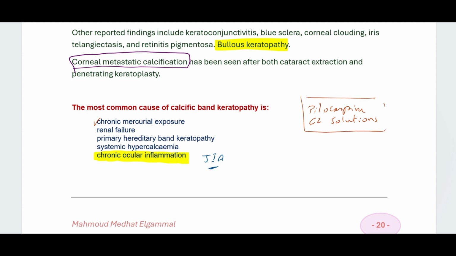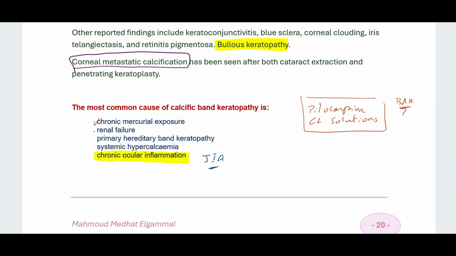So these are 2 reasons for administering mercury direct to the eye. Fortunately, we have substituted thimerosal, the mercury-based preservative, by benzalkonium chloride, which doesn't contain mercury.